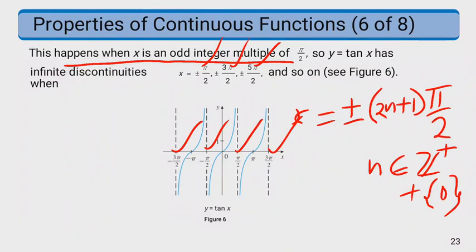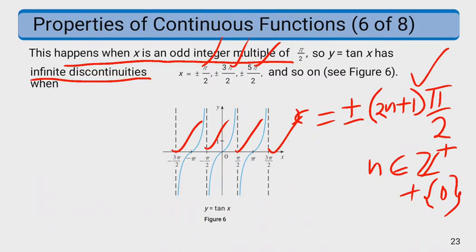This is just an example that gives you an idea, but the vertical asymptotes for the function tan of x, there are so many, you cannot exhaust them. That's why we say it has infinite discontinuity. There are so many, you cannot finish them. So you can keep listing them using this formula. You will not finish them. So this is what you should be aware of.